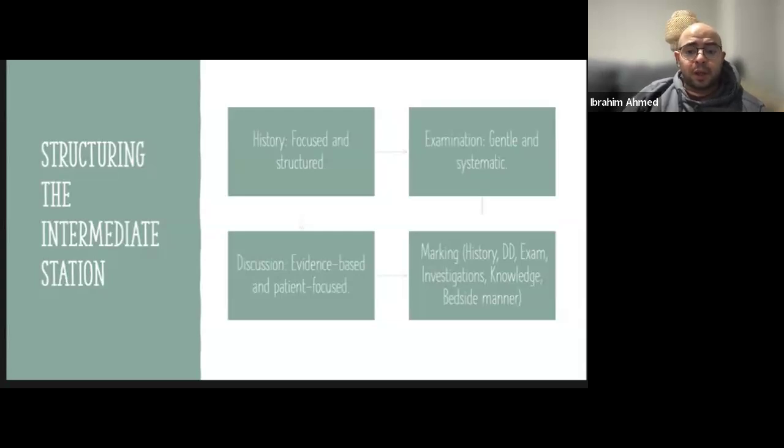In one intermediate case, you have 12 scoring opportunities. And in the scoring sheet, the first scoring point is history, then being able to formulate a differential diagnosis, then how fluent and structured your examination is, investigations, if any, you are ordering the correct ones and being able to interpret them, then knowledge and bedside manners and professionalism.